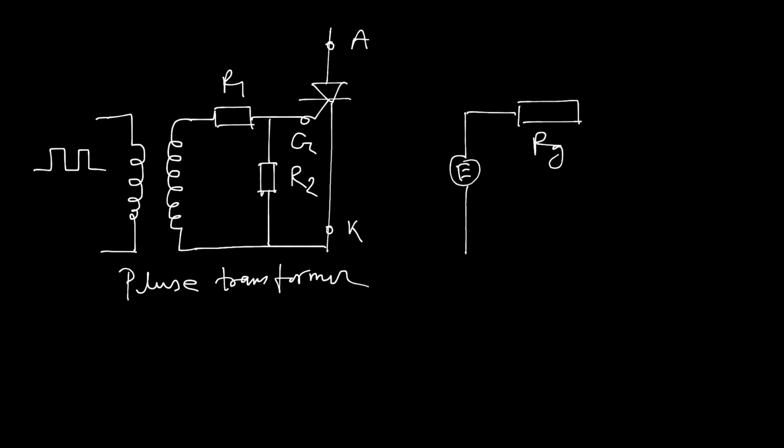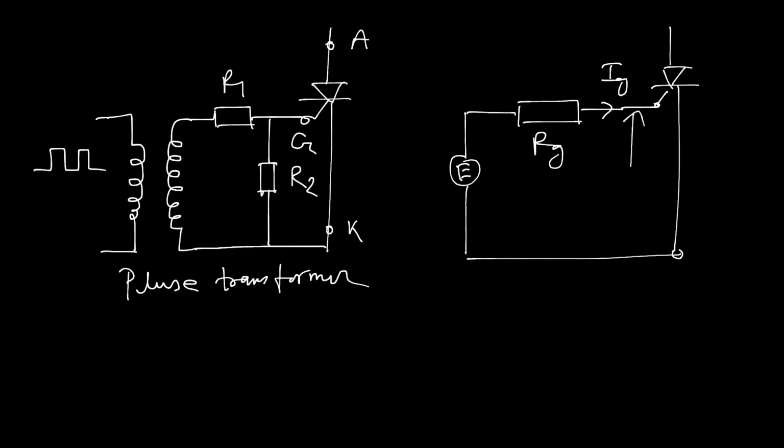This is actually the combination or the internal resistance of the driver circuit or combination of the R1 and R2, which defines the resistance of the gate, and this is IG, and this is the thyristor, and voltage across this gate and cathode, suppose this is VG.